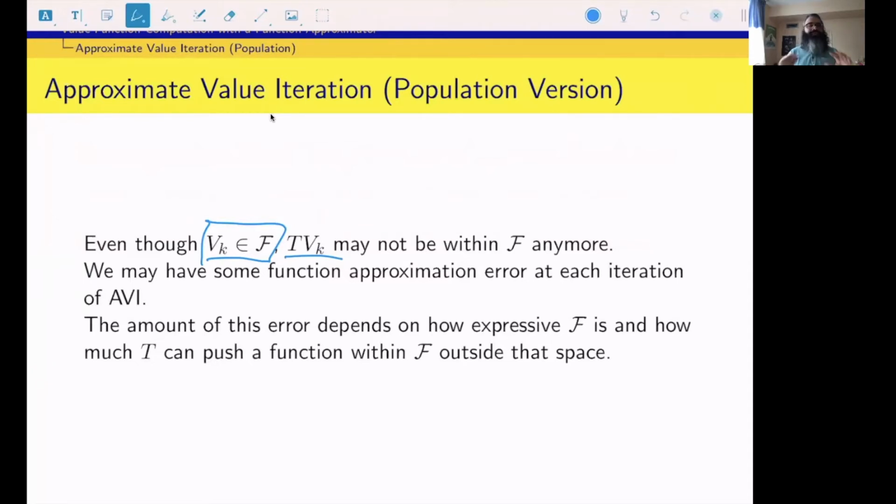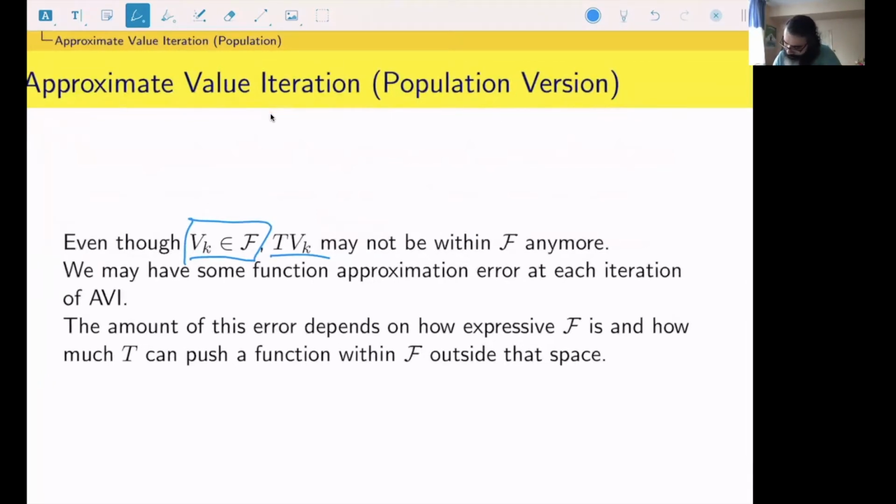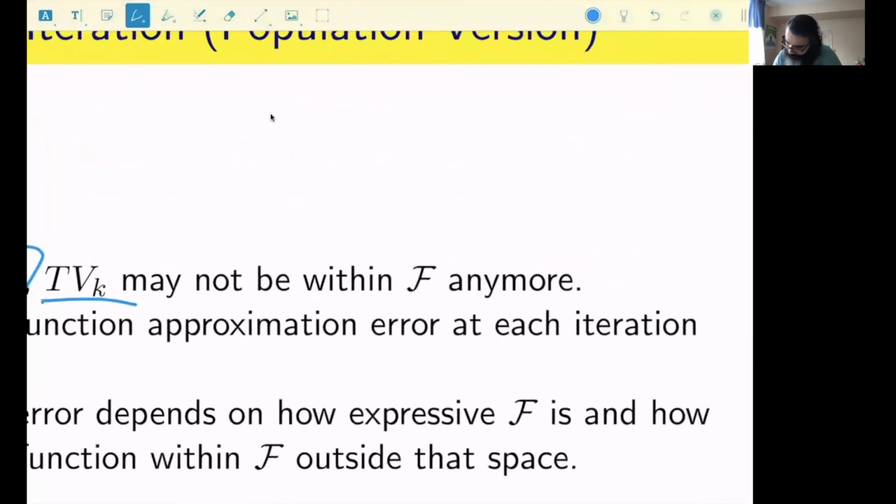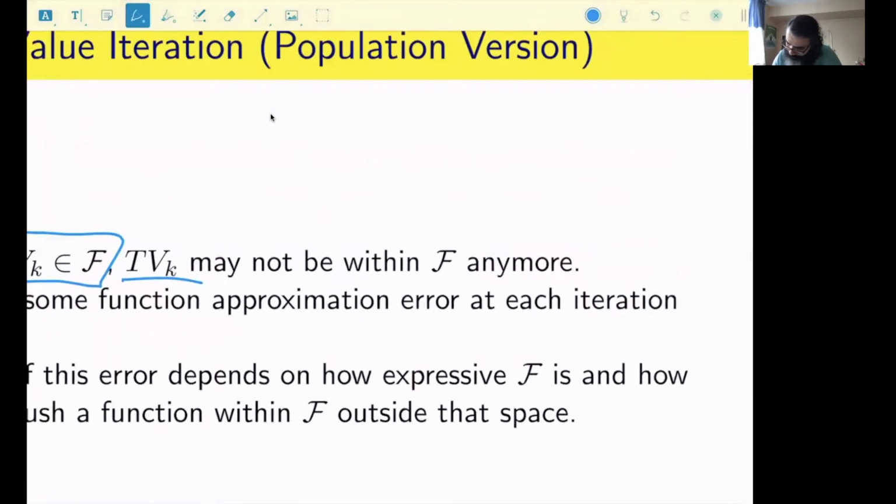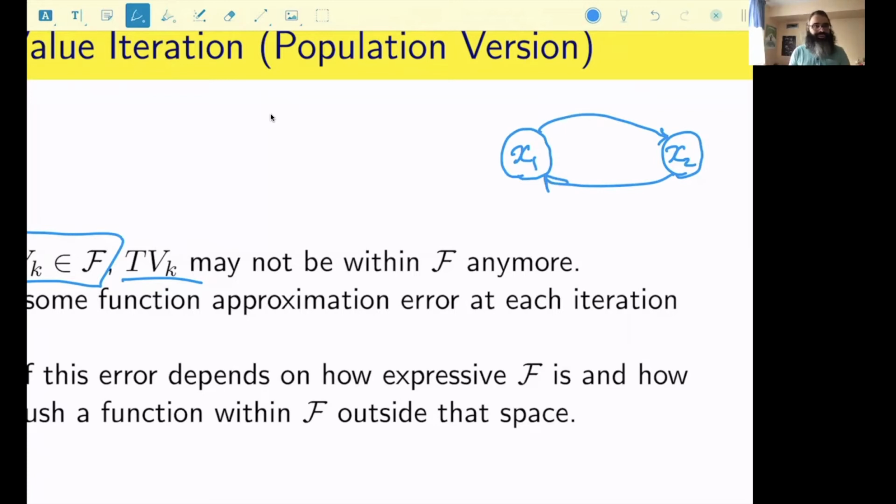Suppose we talk about a very simple MDP, and I'm talking about just policy evaluation, so there's no action. We have two states, x1 and x2. This MDP works like this: when we are at x1, we go to x2, and when we are at x2, we go to x1.